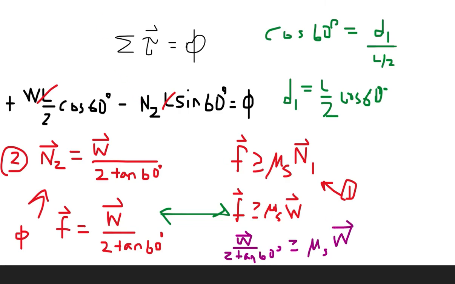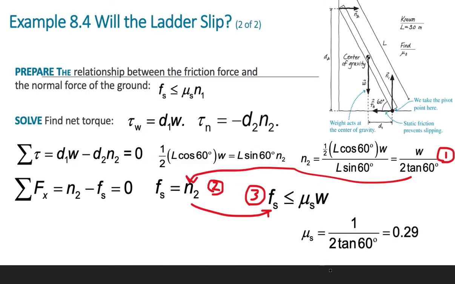Well, we can eliminate weight on both sides of the equation. And now we know that mu s must be greater than or equal to 1/2 divided by the tan of 60 degrees, which is 0.29. The static coefficient of friction must be greater than or equal to 0.29.